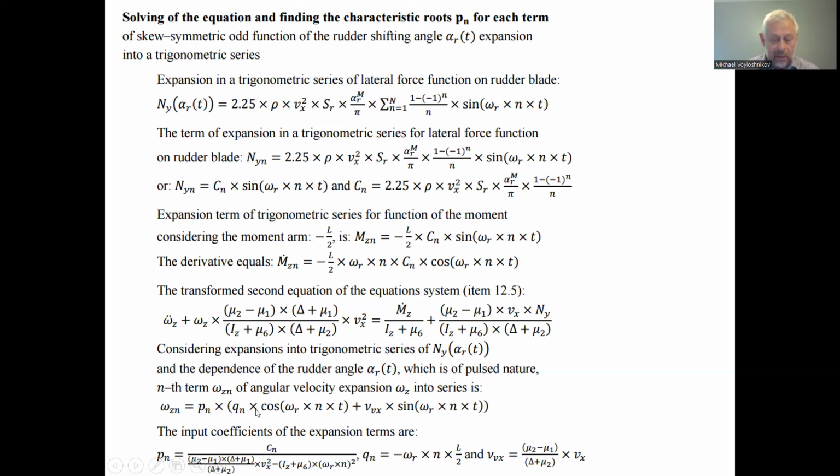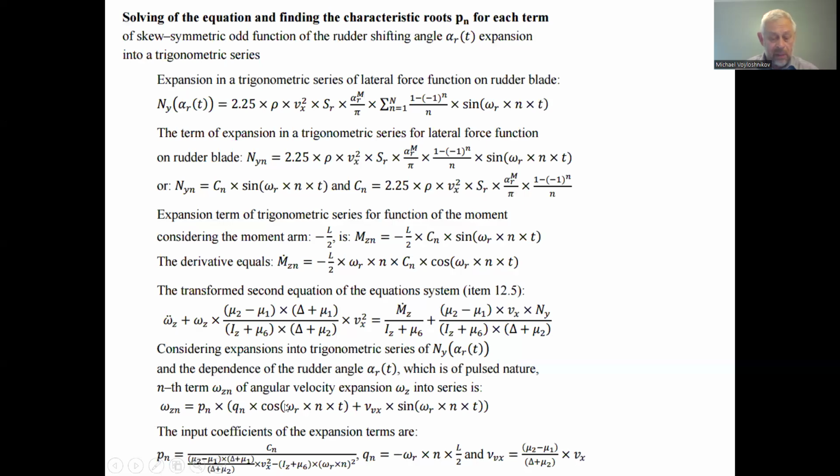The second factor within the brackets, in the term of the expansion of the particular decision of the inhomogeneous equation into the Fourier series, is this factor Q. We see it is a product: minus omega r, the frequency of the turning of the rudder, multiplied by n, as we consider just one term, a term of the expansion of the particular decision. For the term we have the second index n, the number of the term.